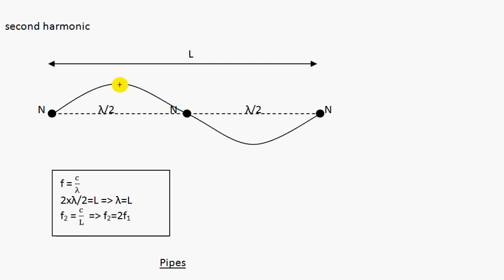Here we have an antinode, and let us see what we have. Lambda over 2, lambda over 2, lambda equals L. Now another relation between L and lambda. As a result, frequency will be 2 times f1, and so on. If we put another node, then we'll have 1, 2, 3, 4 nodes, symmetrical, etc.